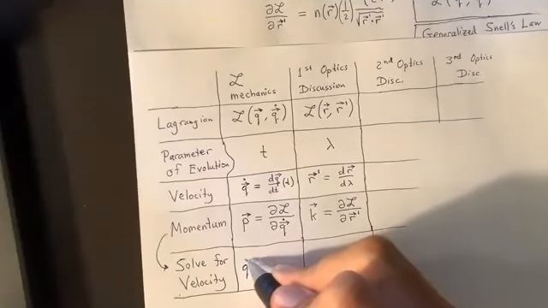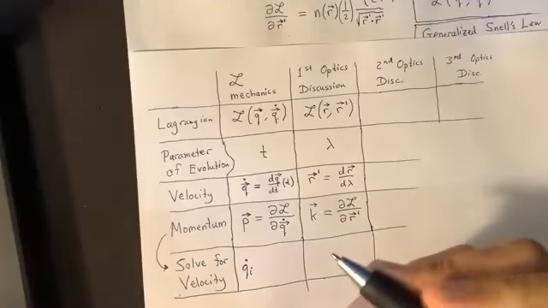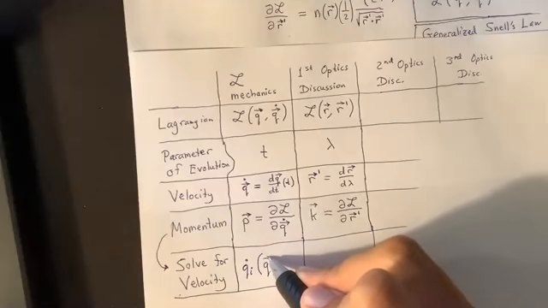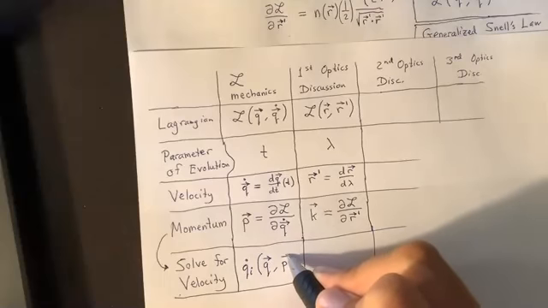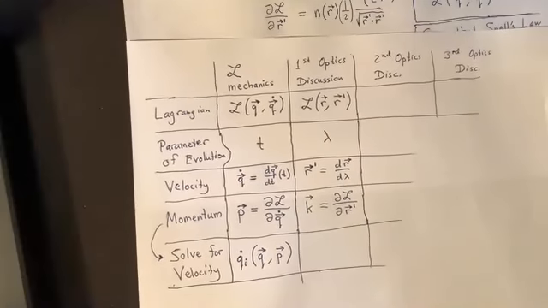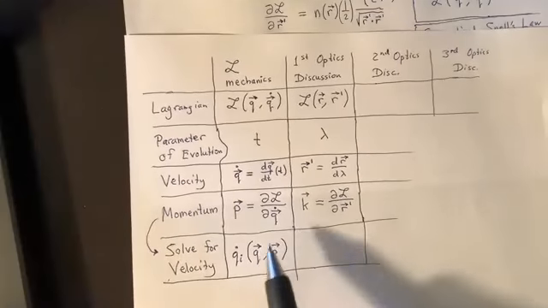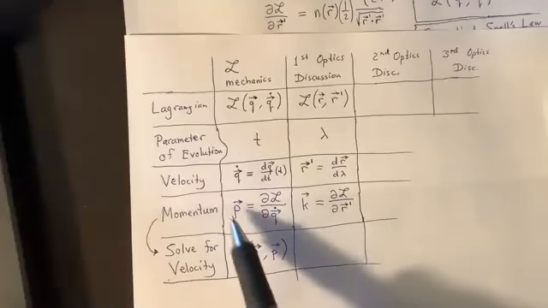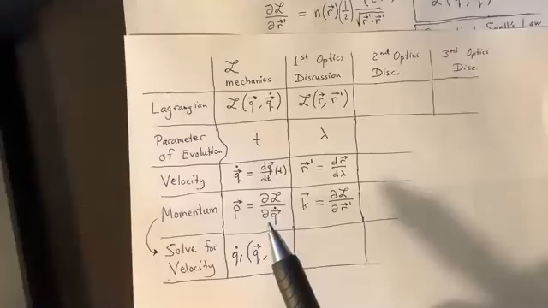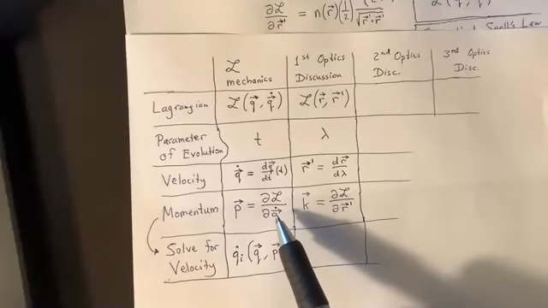You have a qi dot like so, and it is a function of q's and p's. Remember, this is a crucial milestone in the Hamiltonian formulation. This box here denotes a collection of equations. We view that as a huge algebraic chore to solve for the q dots.